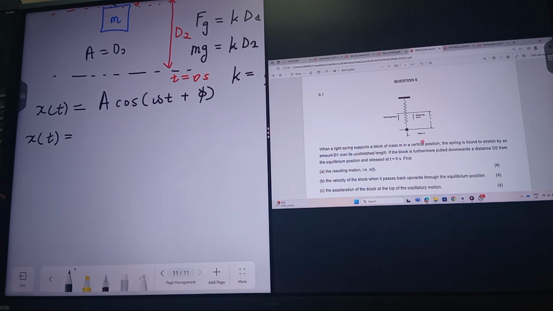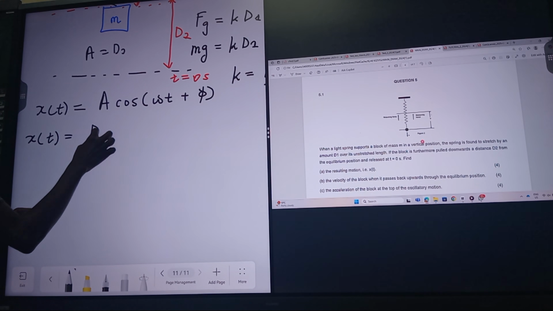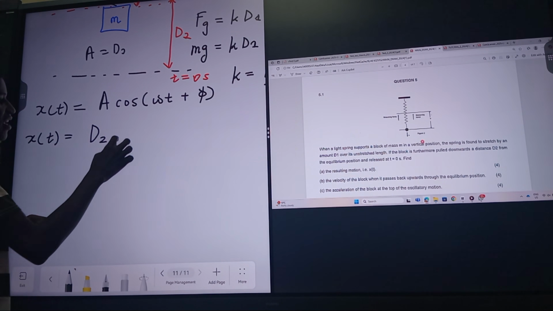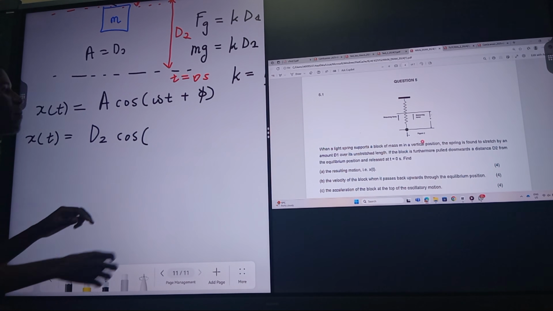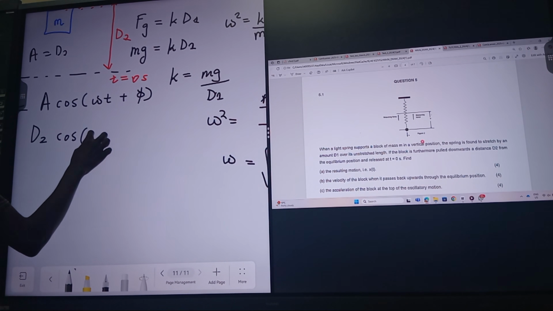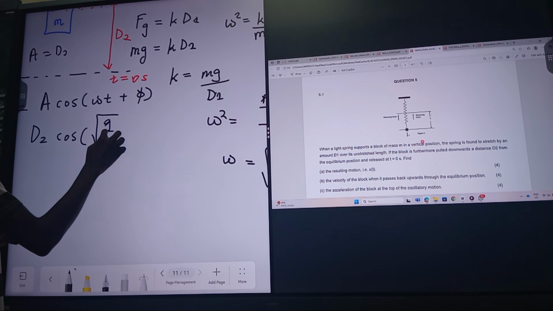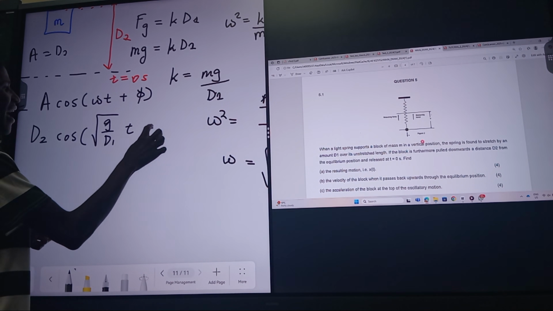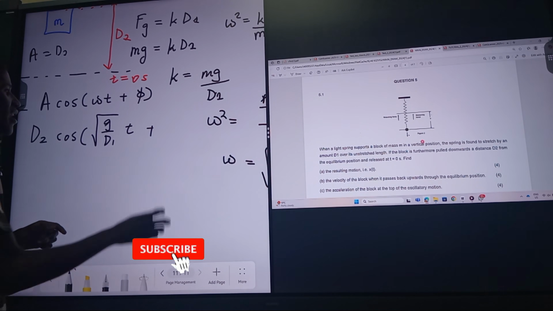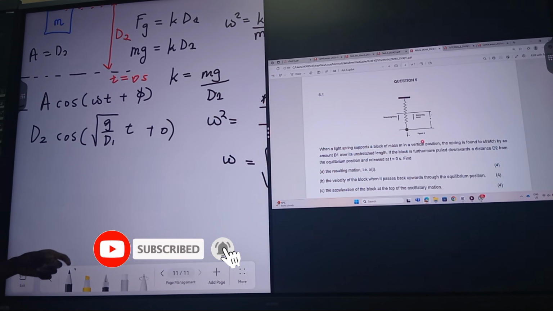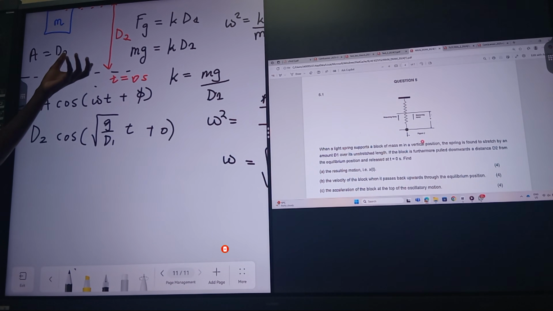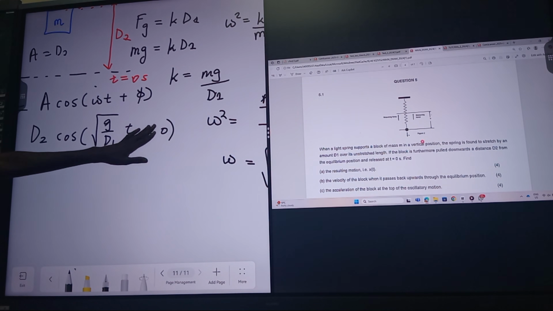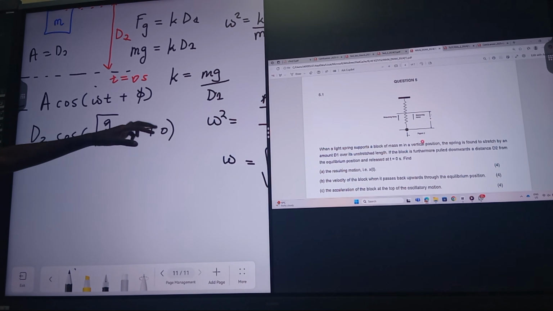So x is equal to d2, which is the amplitude, cos of omega, which we found, root g over d1, times t, plus, what about the angle there? It is 0. Because whenever you are starting at t equals 0, you start at a maximum position and you let it go.